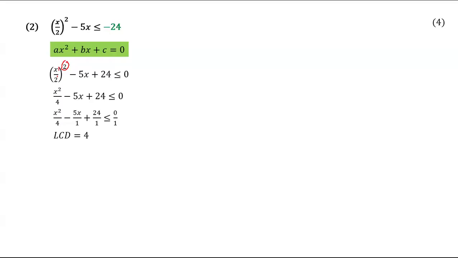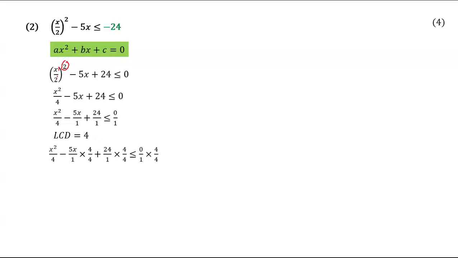Then all your denominators must have a denominator of your LCD, which is 4. The first one already has a denominator of 4, but the second term has the denominator of 1, and the third term has a denominator of 1, and the term on the right-hand side has a denominator of 1. We need to change all of those to 4. So each of those terms will be multiplied by LCD divided by LCD. So it'll be multiplied by 4 divided by 4.